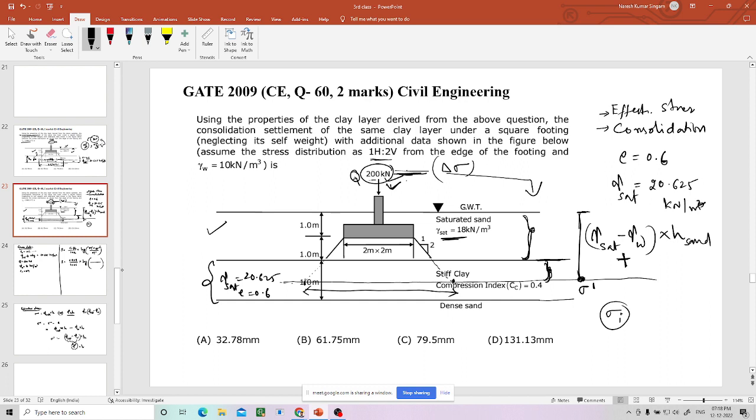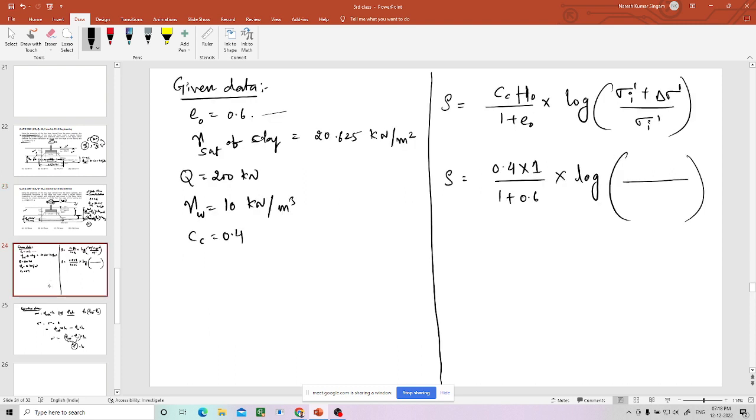Here this is also saturated because the water table is above, covering everything. So gamma saturated already we have calculated. This is of sand, plus gamma saturated of clay minus gamma w into height of the clay above this point. Okay, so now we'll do those calculations.